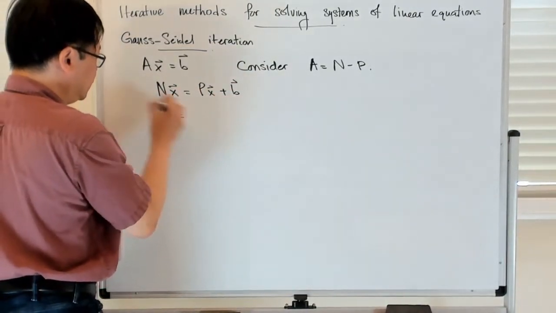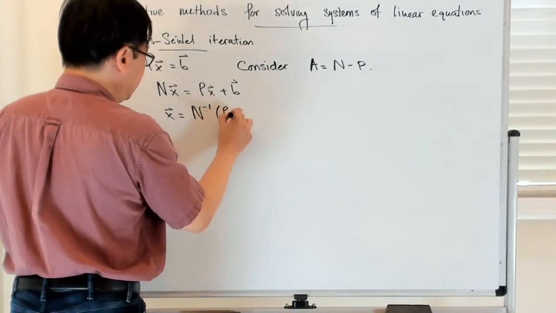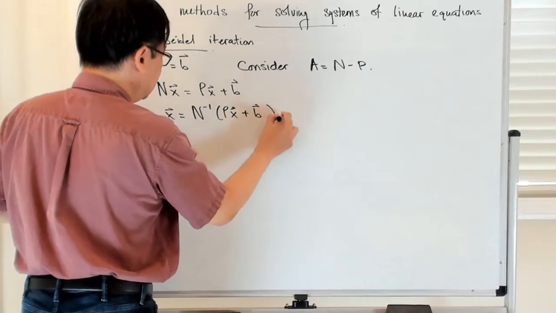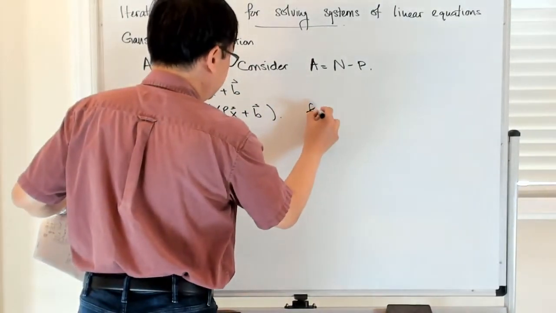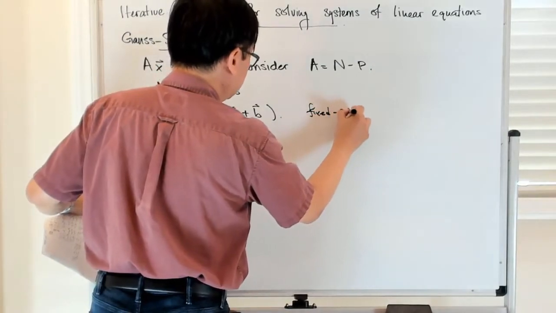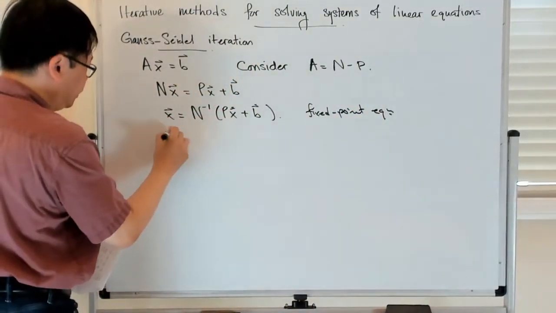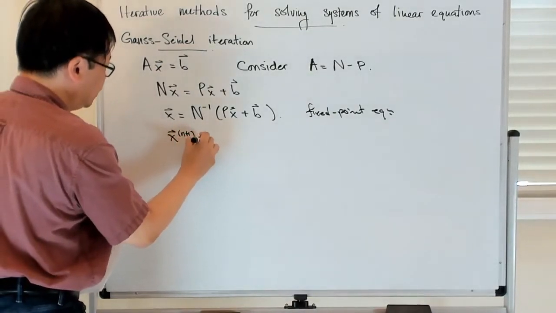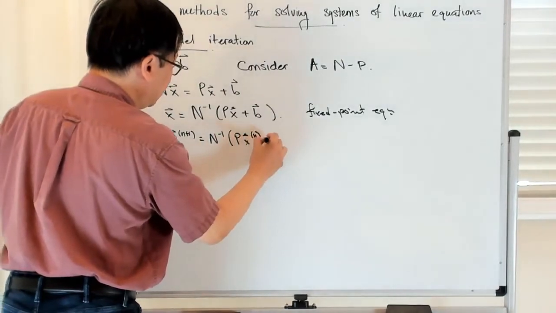You can think of this as a fixed point equation, x = N inverse (Px + b). And associated with that is a fixed point iteration, x_{n+1} = N inverse (Px_n + b).